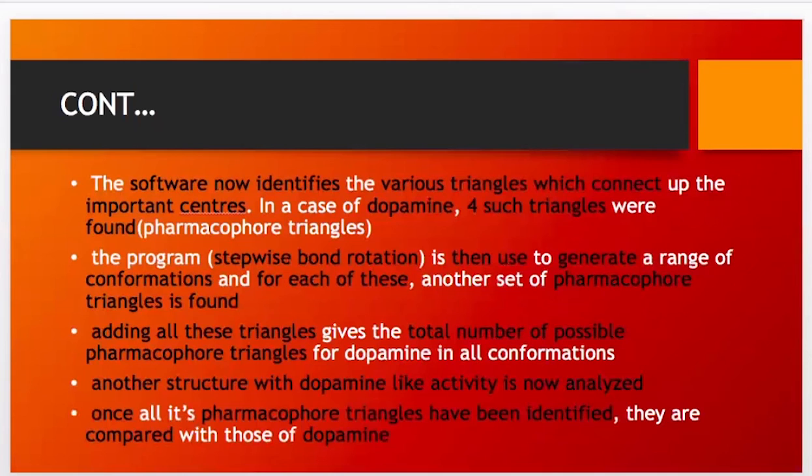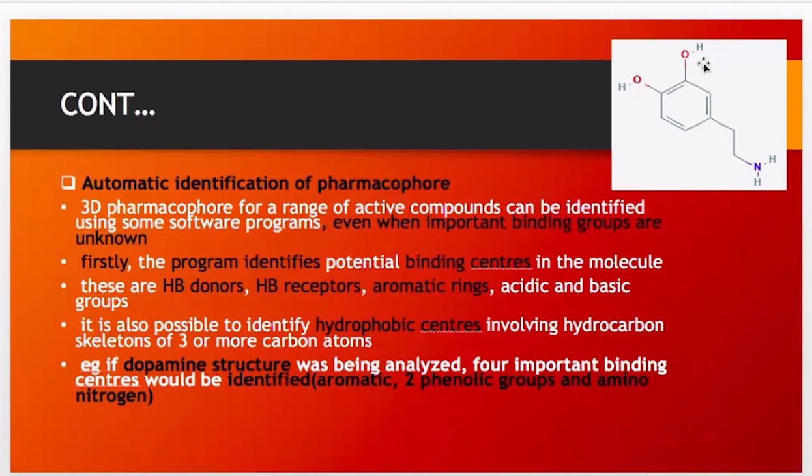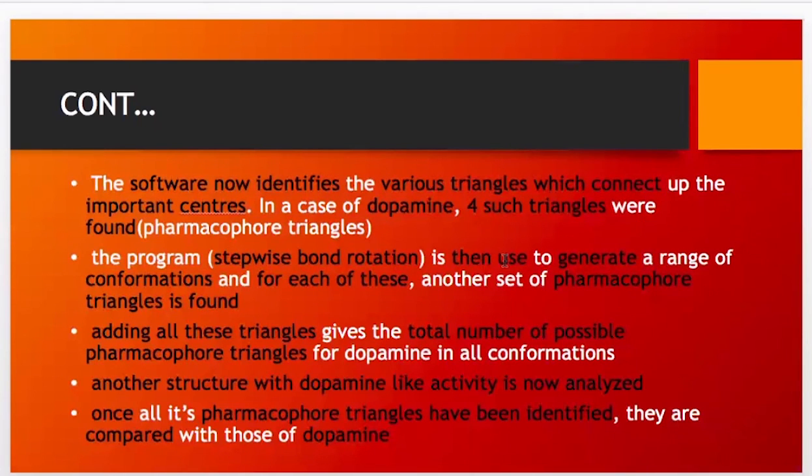The second thing is that the software will now identify the various triangles. It will make triangles which connect these important centers. So first, it identifies the important binding centers. The next thing it will do is make triangles that connect these important centers.